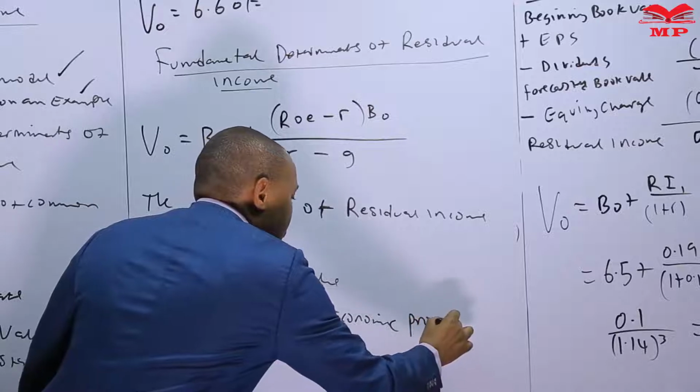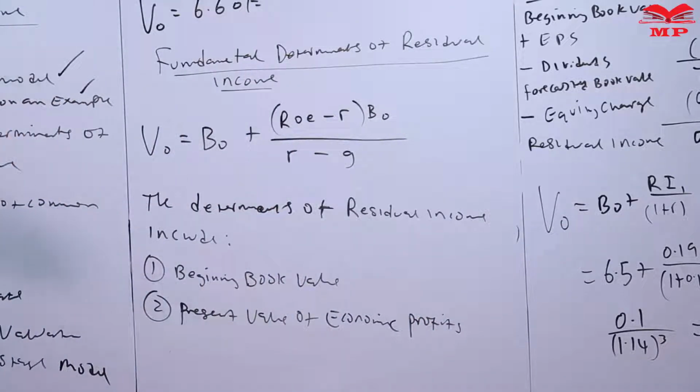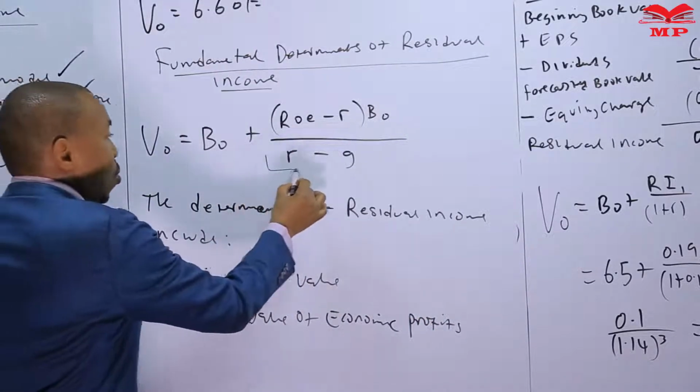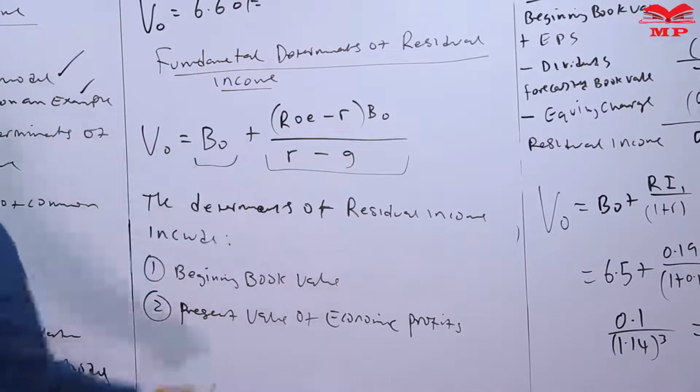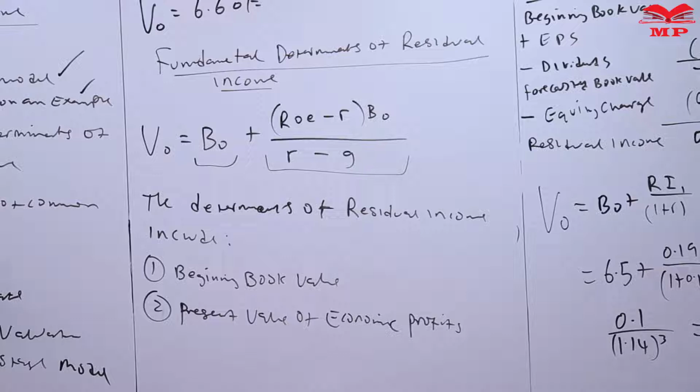The present value of economic profits is this component right here. The beginning book value is just that component right there.